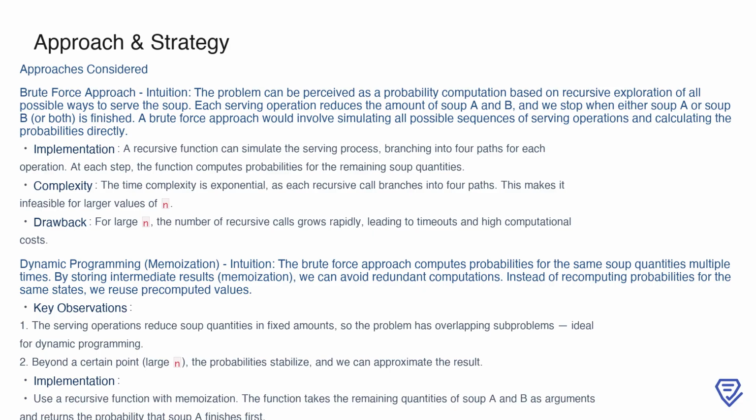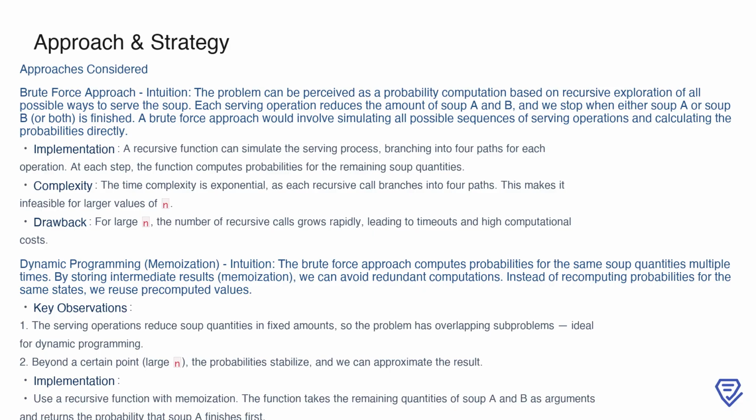To address this, we can shift to dynamic programming with memoization. The key insight here is that the brute force approach repeatedly computes probabilities for the same states. By storing these intermediate results, we can avoid redundant calculations and improve efficiency. This method takes advantage of the overlapping subproblems inherent in the serving process. Additionally, for very large values of n, the probabilities tend to stabilize, allowing us to approximate the result effectively.